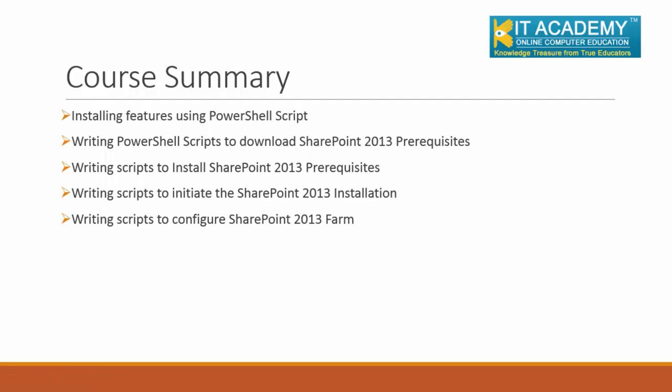Once the prerequisites have been downloaded, we moved on to writing scripts to install the SharePoint 2013 prerequisites. Once prerequisites have been successfully installed, we initiated the SharePoint 2013 installation using our scripts. Once SharePoint was successfully installed, we wrote a couple more scripts to configure the SharePoint 2013 farm.